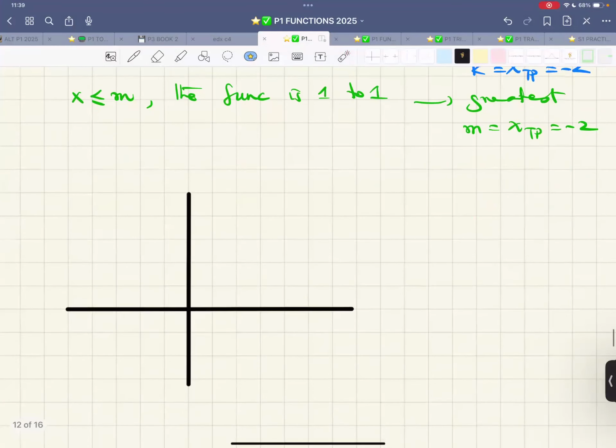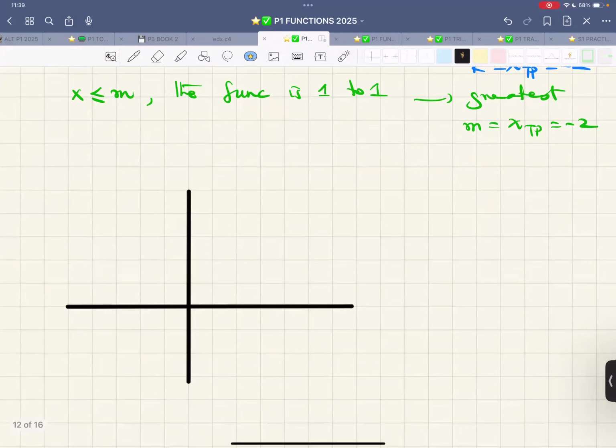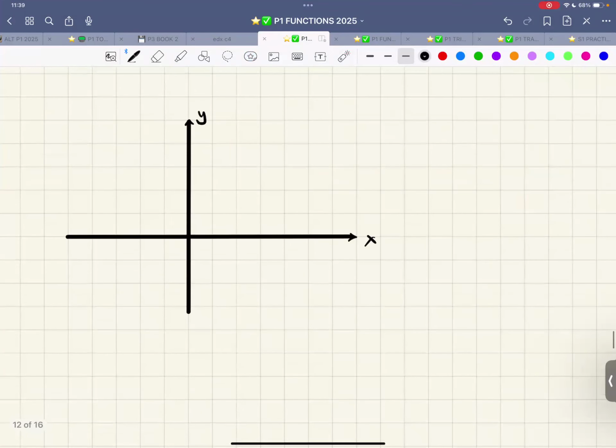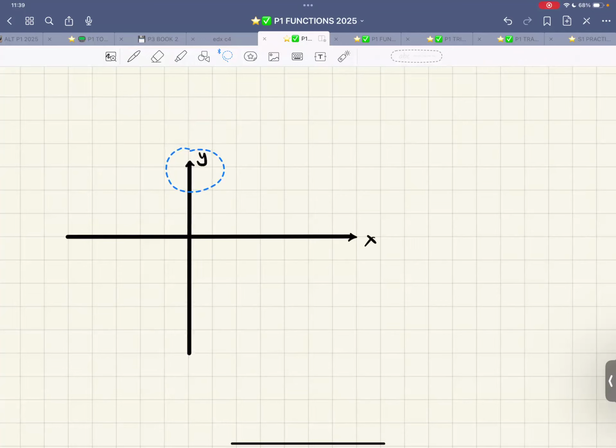So now the very first thing that I need to do is that this is the x-axis, this is the y-axis, and let me label the coordinate of the turning point, negative 2, negative 18. So let me just push this down a bit. Okay. And let me mark over here, negative 2.